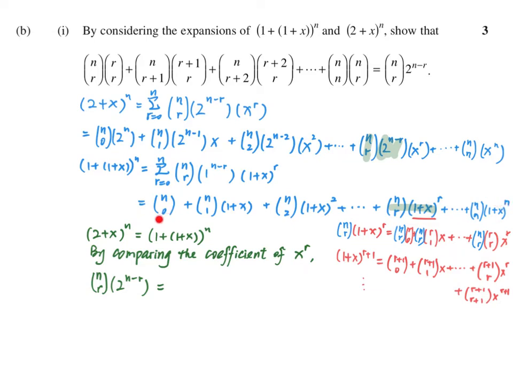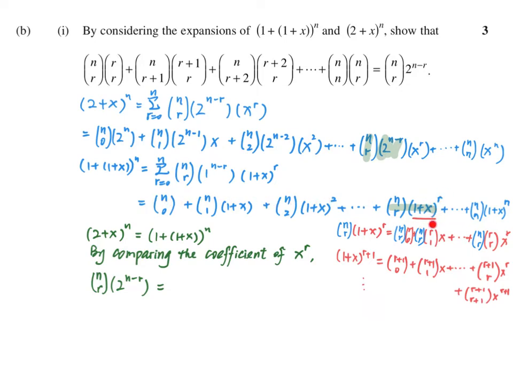So here in the first term, we do not have any x. The power of x equals 0. Here, the power of x equals 1. Here, the highest power of x goes to 2. In this term, the highest power of x equals r, which means before this term, all the powers of x should be less than r.